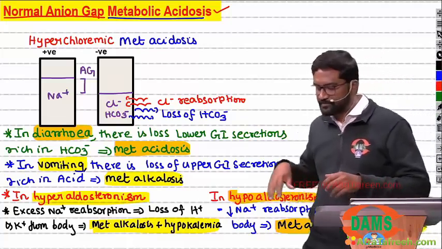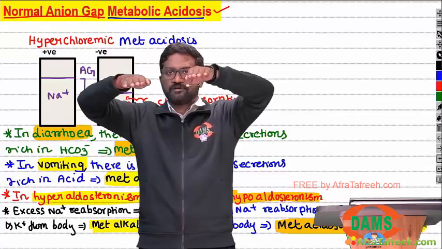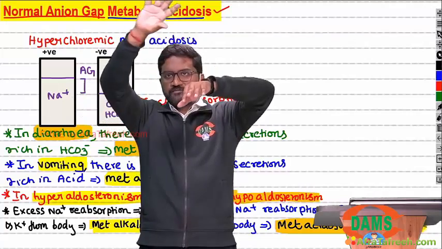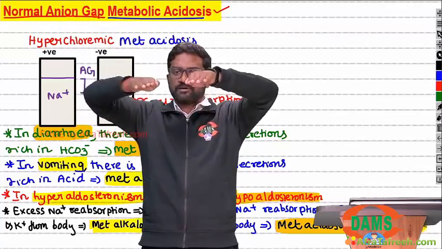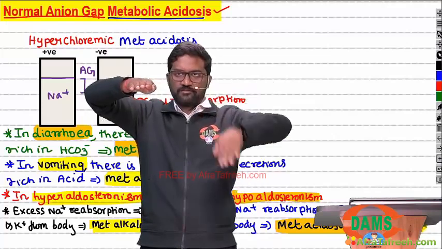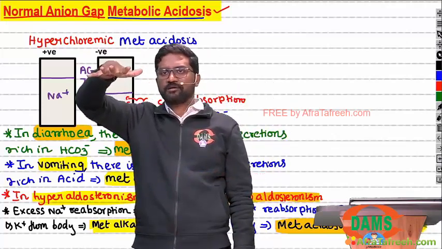In your body, H plus and bicarbonate will be in equilibrium. So there will be some free H plus and bicarbonate circulating and maintaining the pH. Now because of some disease, if H plus is lost from the body, automatically free bicarbonate will increase.